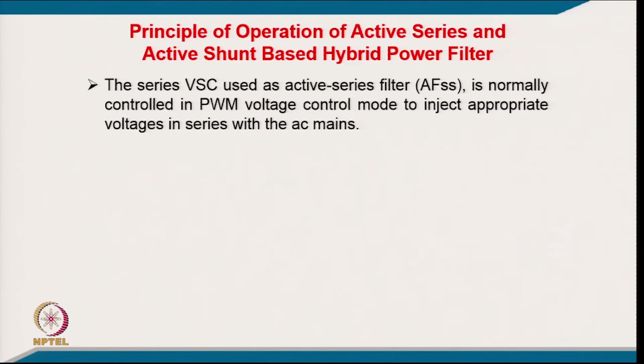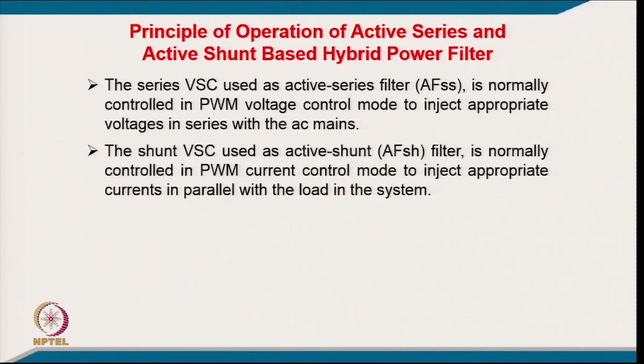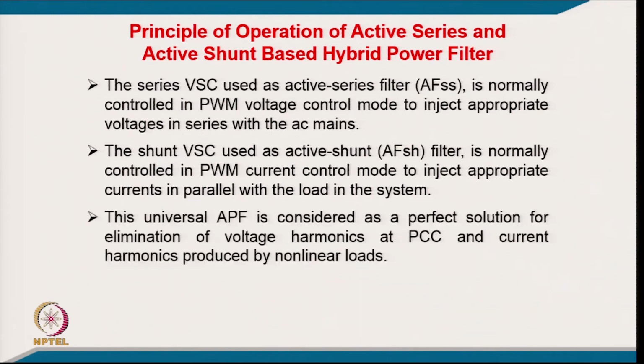The series voltage source converter is used as the active series filter, normally denoted AFSS, and is controlled in PWM voltage control mode to inject the appropriate voltage in series with the AC mains. The shunt voltage source converter is used as the active shunt filter, which we call the AFSH filter, and is normally controlled in PWM current control mode to inject the appropriate current in parallel with the load in the system.